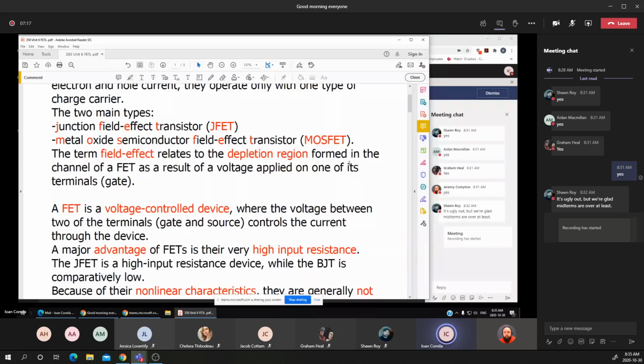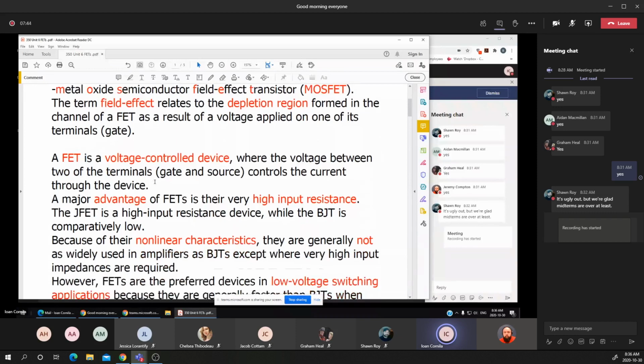You notice that I'm using a different terminology for the three terminals, or the three pins, of a transistor. Initially in BJT, we use the base, emitter and collector, which are equivalent to the gate, the drain, and the source for an FET.